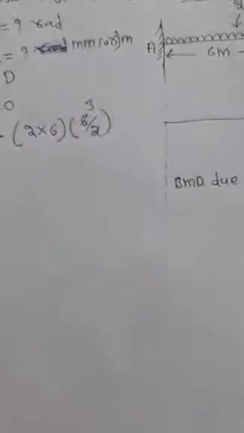W equals 2, L equals 6, and L by 2 is 3. So 2 into 6 is 12, into 3 is 36. So minus 36 kilonewton into meter is the unit. Why? Because force into distance. Force is in kilonewtons, distance is in meters, so multiplying gives kilonewton into meter.